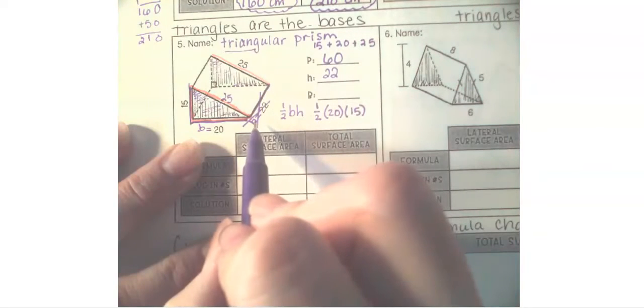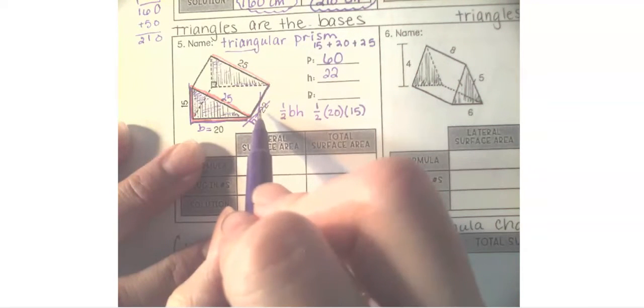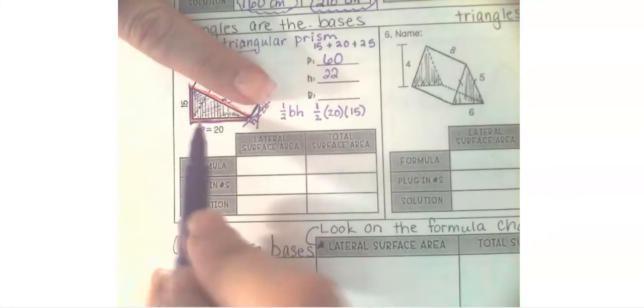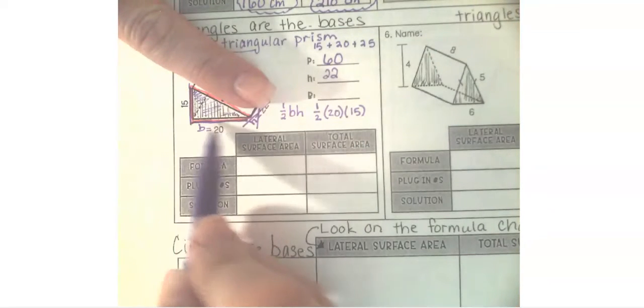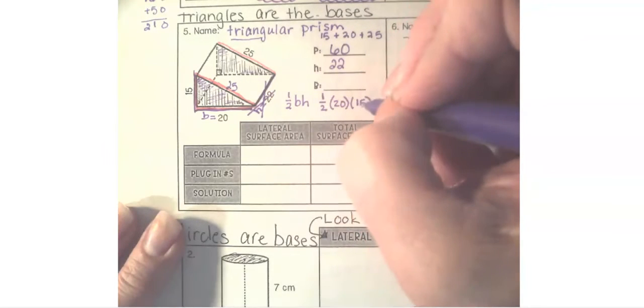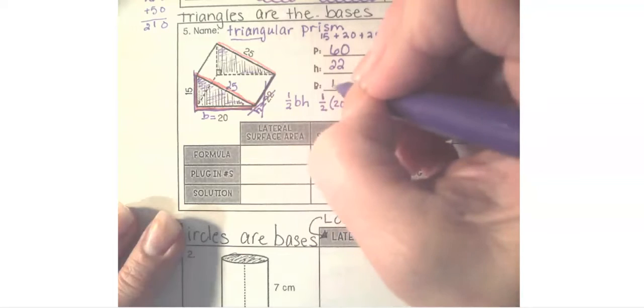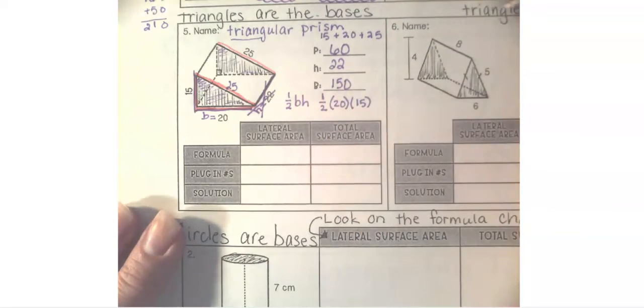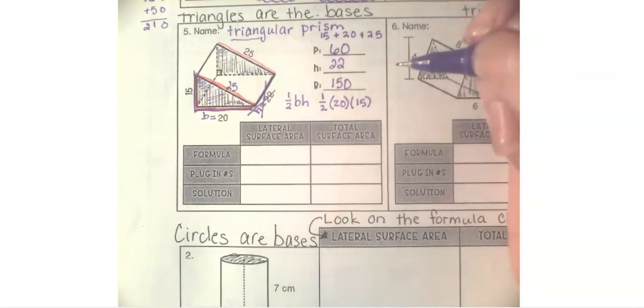We are not using 22 because 22 is the height of the prism. We're not looking for the height of the prism right now. We're only looking at the area of the base. We're only looking at the area of this triangle right here, and we're using the base times the height and divide by 2. So when I do 20 times 15, I get 300, and 1/2 times 300 is 150. You obviously can do those calculations on Desmos, but for time's sake, I'm doing it on here quickly.